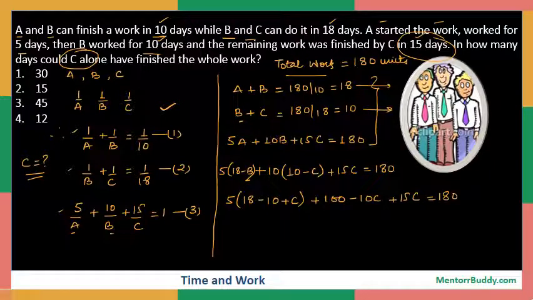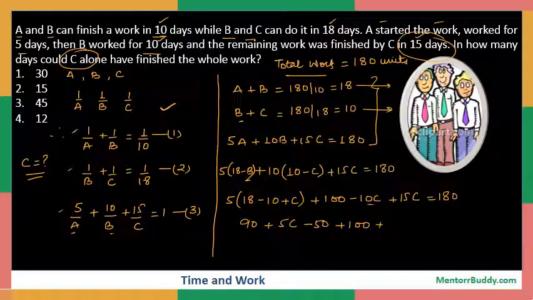Please solve the equation very carefully so that we do not get a wrong answer. So it becomes 5 into 18, that is 90, plus 5C minus 50 plus 100 and 5C is equal to 180.